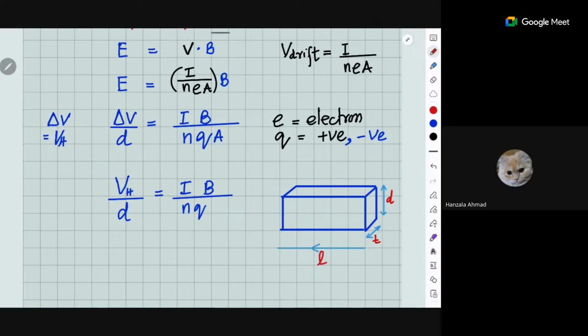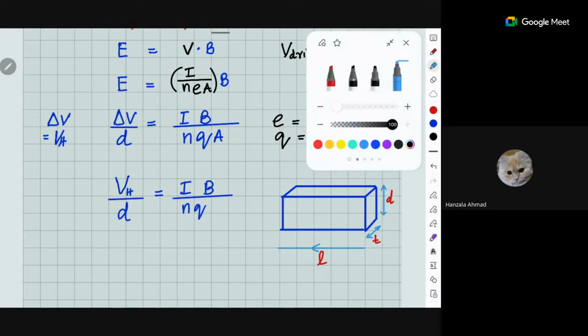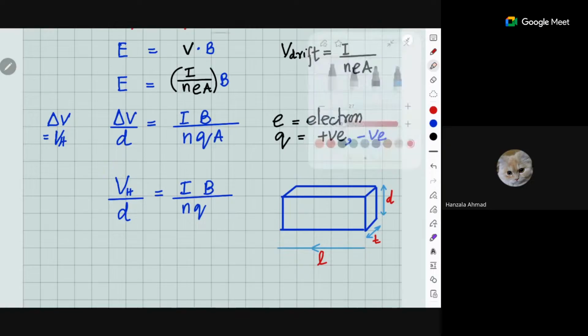If I say, what will be the area of this slice? This is the area of the slice.